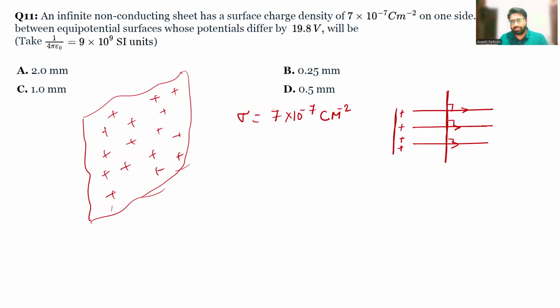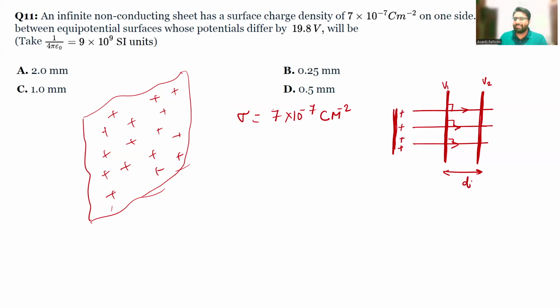Okay, which means a plane parallel to the plane of this sheet will be an equipotential surface. Now, I must draw one another surface also. So let's say these are two equipotential surfaces at V1 and V2. Separation between these two plates is what we have to calculate.